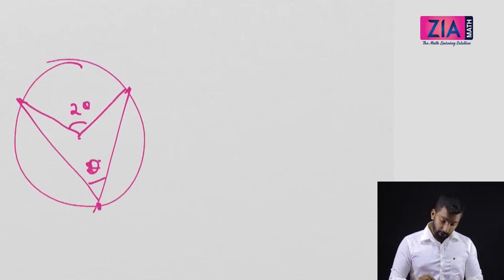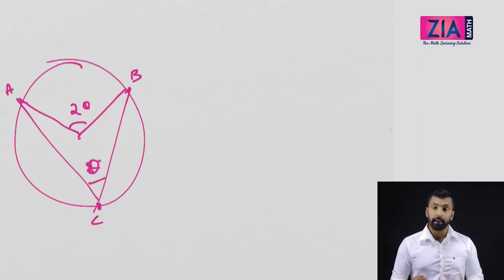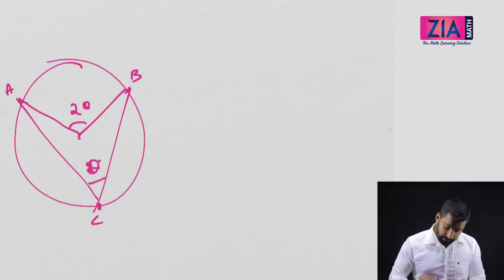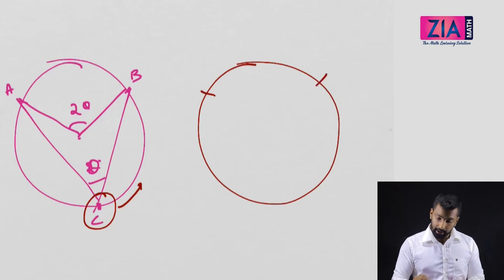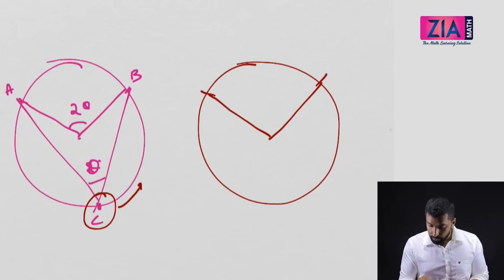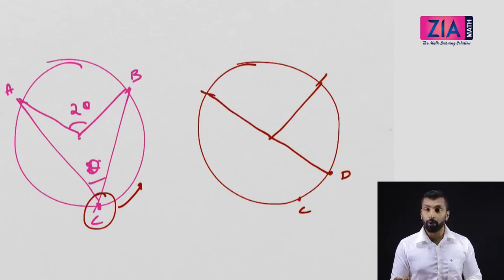Now let's mark these points as A, B, C. Now this point C, if you shift to your right side a bit more, what will happen? The same arc, I'm not changing that, and the radius is like this. Earlier it was here, this C I shifted to this point D.